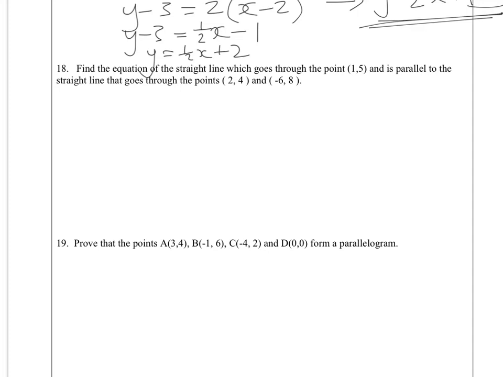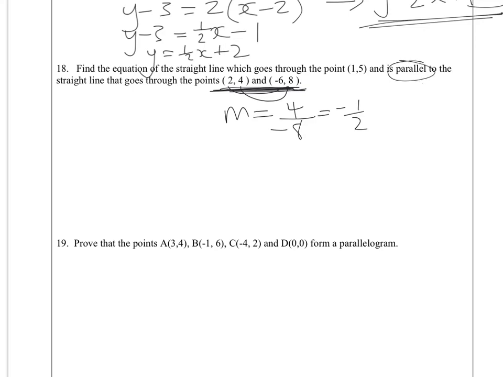Find the equation of a straight line which goes through the point 1, 5 and is parallel to the straight line that goes through this. So if it's parallel to this, it means it has the same gradient as this line. So the gradient of this line is rise over run, so from 4 to 8 is 4, from 2 to negative 6 is negative 8, which gets you negative a half.